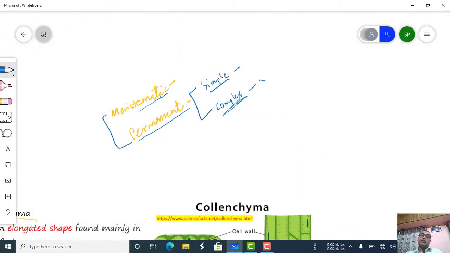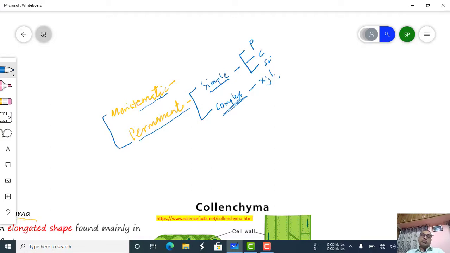Xylem and phloem are examples of complex tissue, while parenchyma, collenchyma, and sclerenchyma are examples of simple permanent tissue.